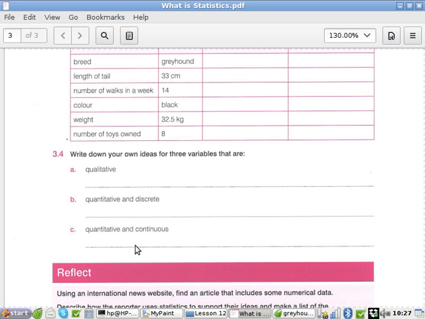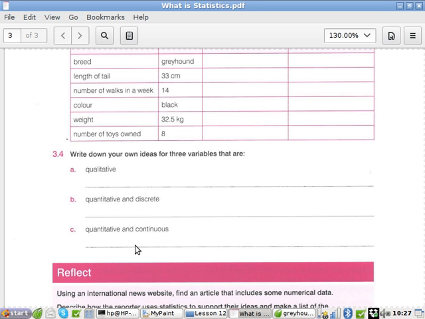Yuchin, what do you have for qualitative? Ice cream. Nice. Good. Sari? Kind of dog? That's okay. Medina? Kind of toilet. Okay, that's fine, yeah. True, qualitative, yeah. Dildar?